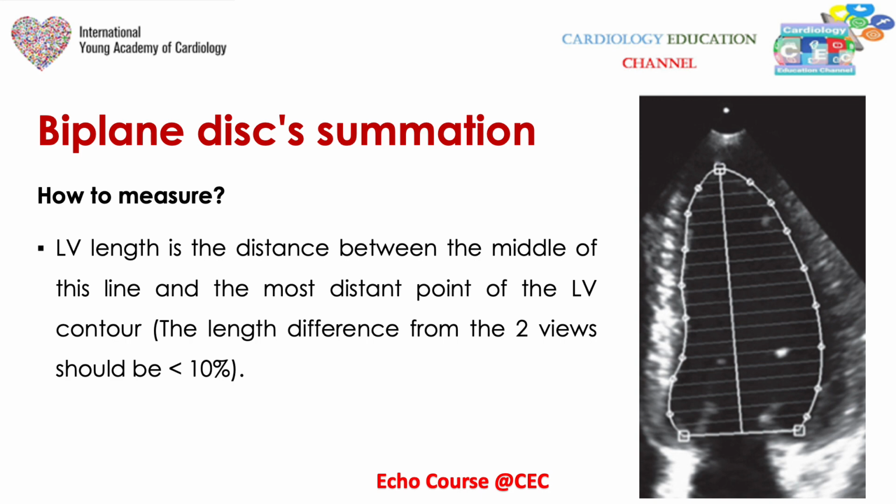It runs from the midpoint of the straight line that you have drawn between the medial and the lateral mitral annulus to the apex. To know that you are accurate and there is no foreshortening, the LV length you are measuring in the apical 4-chamber view and the apical 2-chamber view should not differ by more than 10%.